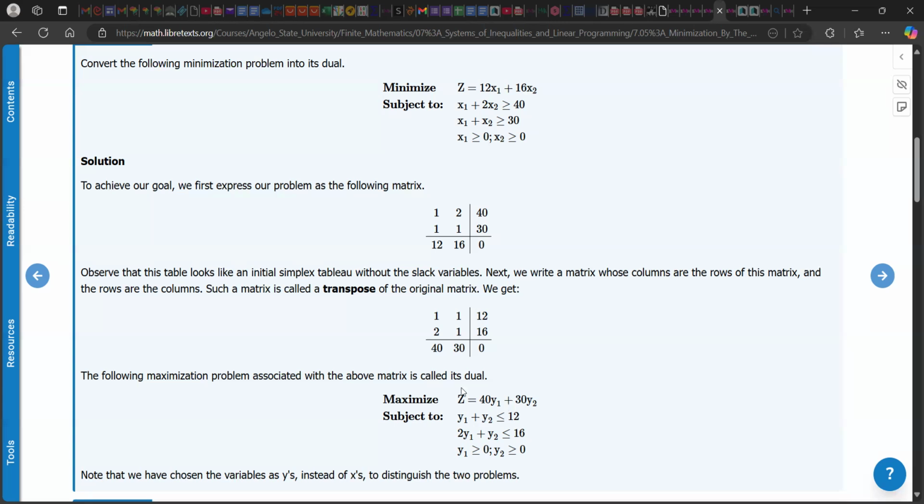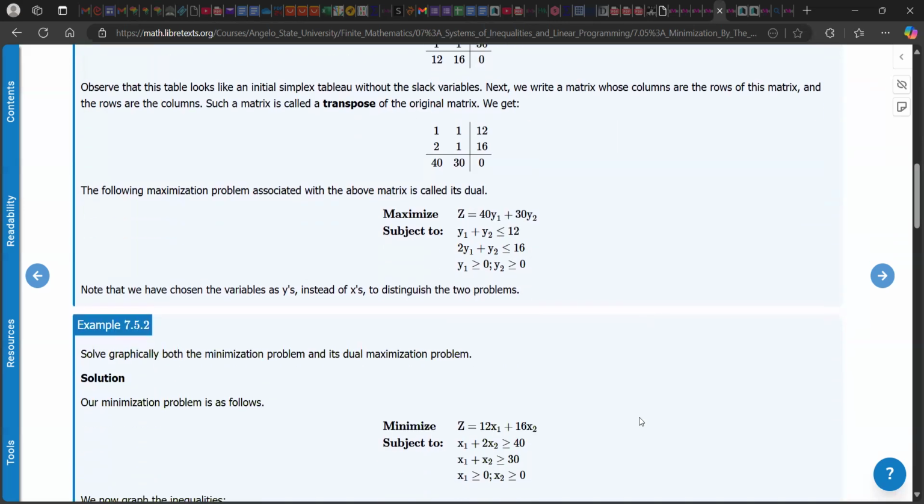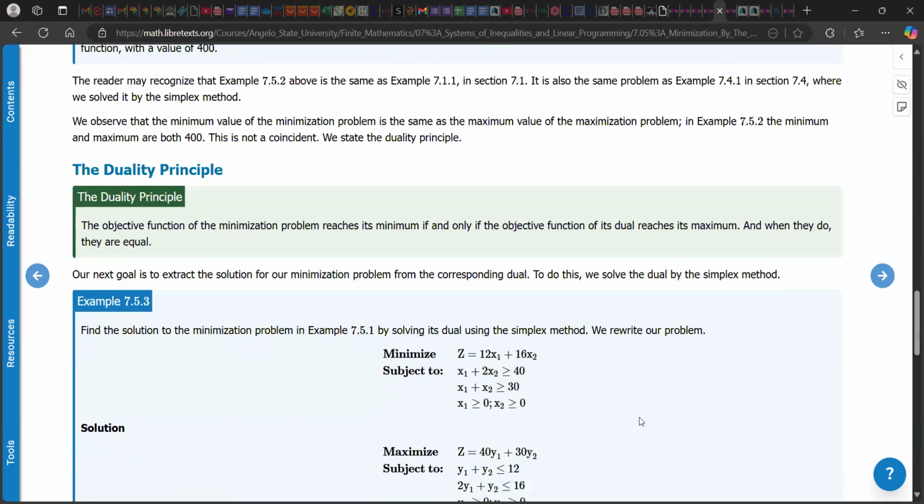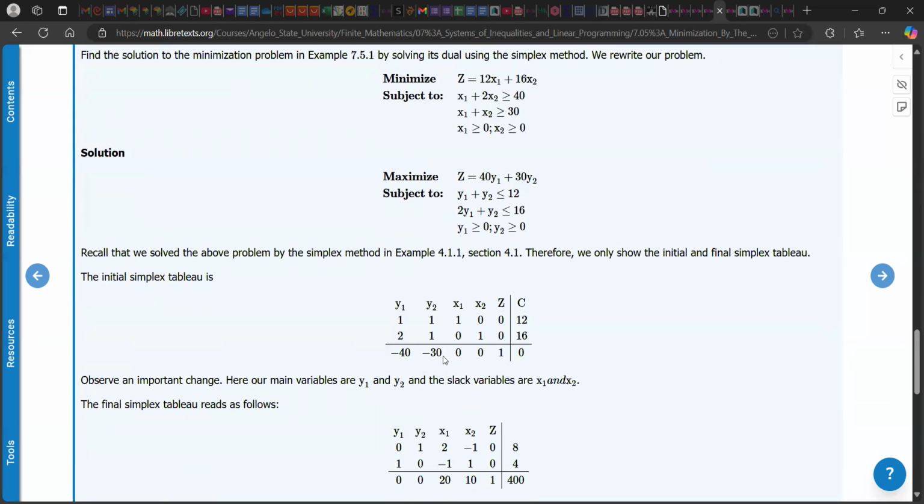Now you take this maximization problem and you take it into the simplex calculator. In the notes here, the people actually do it a little differently. The y1 and y2 are the unknowns, and x1 and x2 here are actually the slack variables.